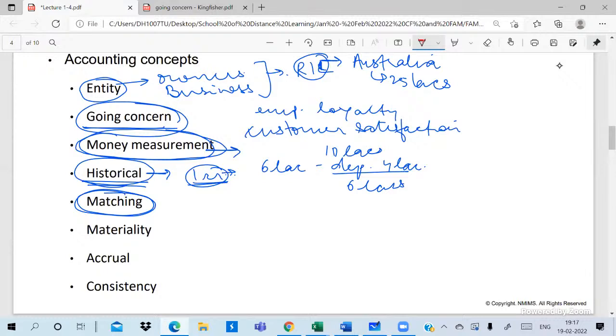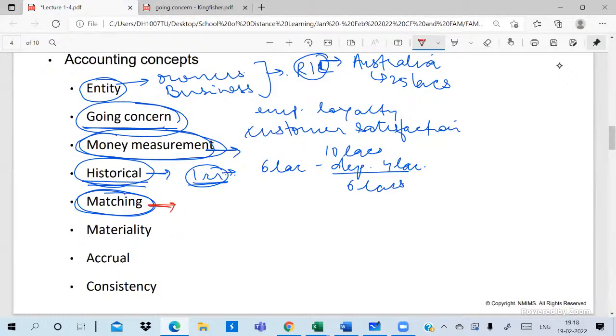Any doubt or anything that you know with respect to matching concept? Anyone? Expenses to be reported in the same period in which corresponding revenue was reported. Great. Fine. Let's try and understand what it means in a simplified manner.